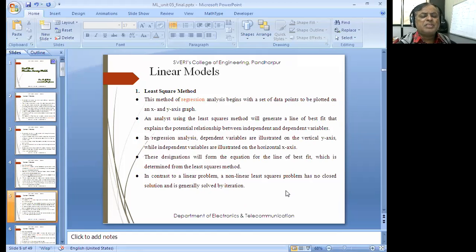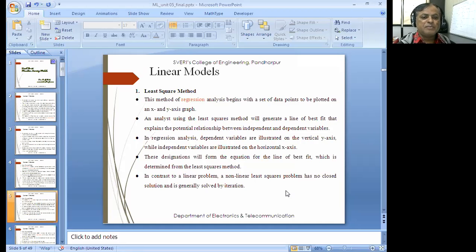This method of regression analysis begins with a set of data points to be plotted on the X and Y axis. So obviously it is a type of regression analysis. We are going to have a set of data points which will be plotted on an X and Y axis graph. An analyst using the least square method will generate a line of best fit that explains the potential relationship between independent and dependent variables.